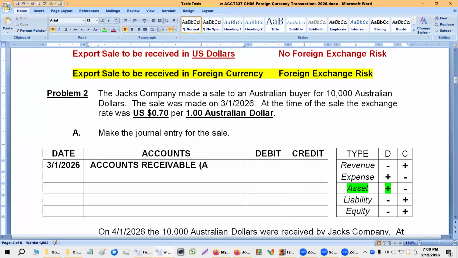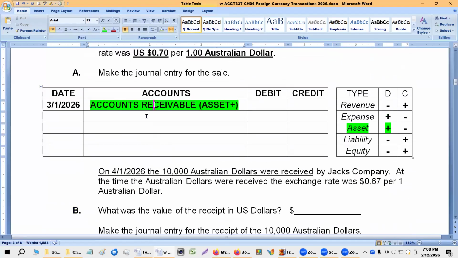I'll fill in the numbers later. And what's going to go on the other side? Is it going to be cash? Not yet. It will be shortly, but not yet.